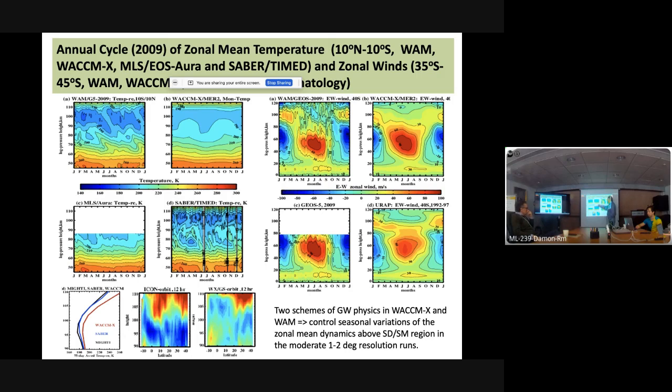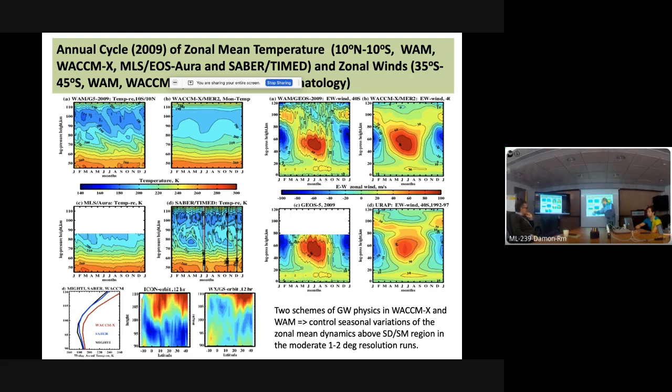This is the mean temperature. You can see basically differences between VacuumX mirror and VAM mirror. If you look at the counterpart of SABER data, you can see what the current VacuumX, running with the demo, doesn't have a lot of variability and has a persistent warm bias.